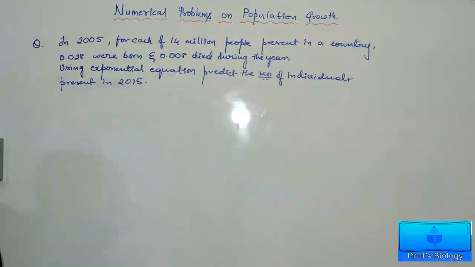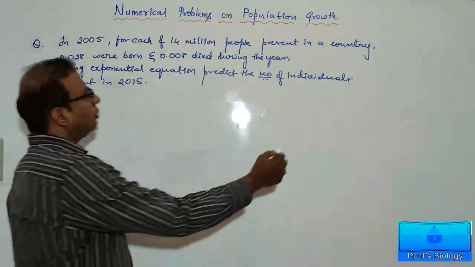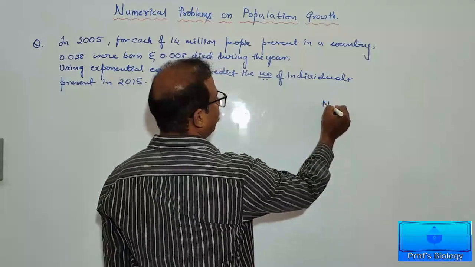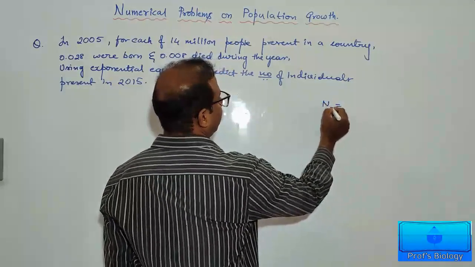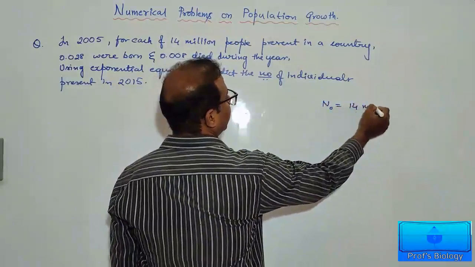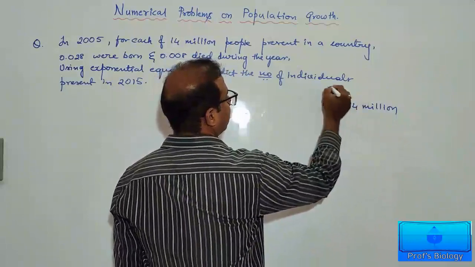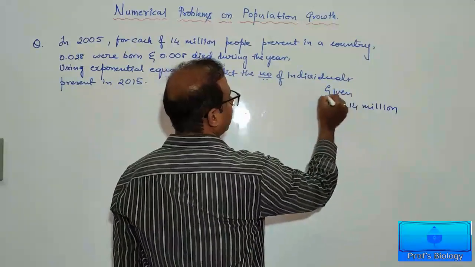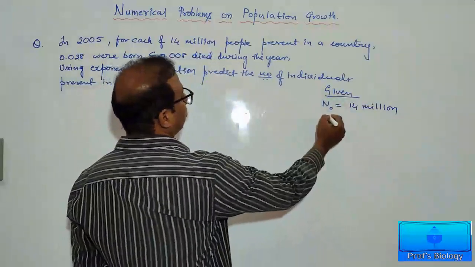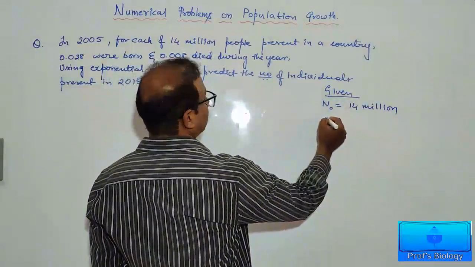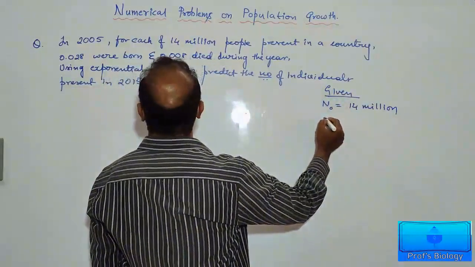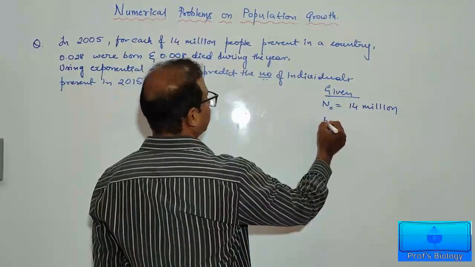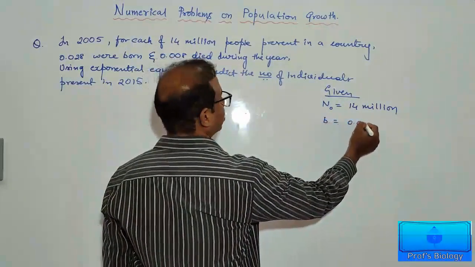Now let us see what all data is given here. So initial population N0 is 14 million. Birth rate is 0.028.